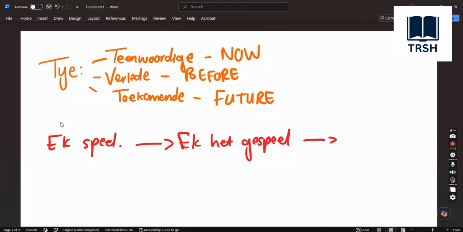And if we change it to future tense, it will be ek sal speel. So that's just an example of a basic sentence where we have to change it in terms of teenwoordige, verlede, and toekomende.